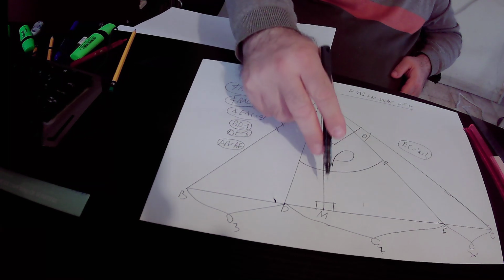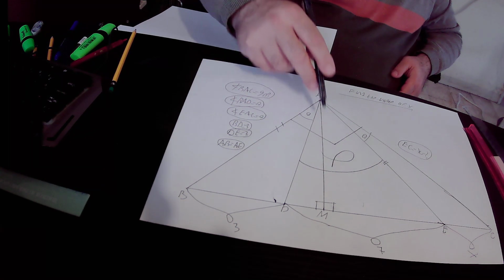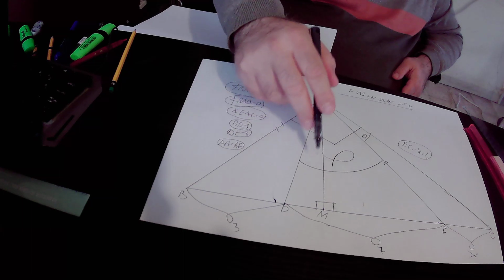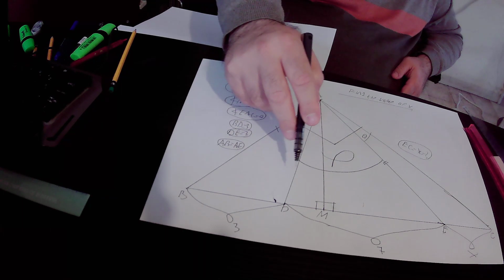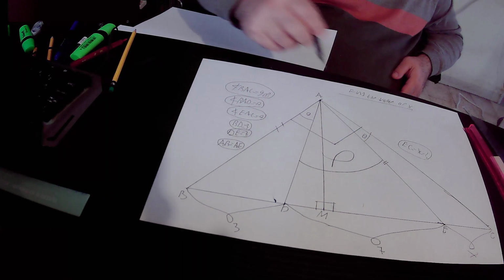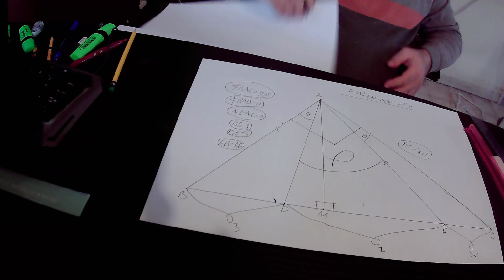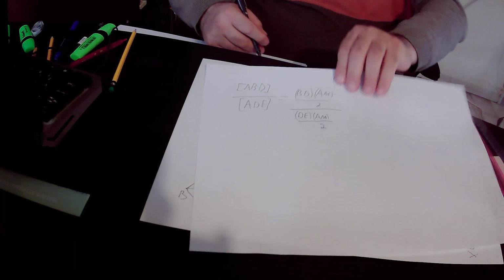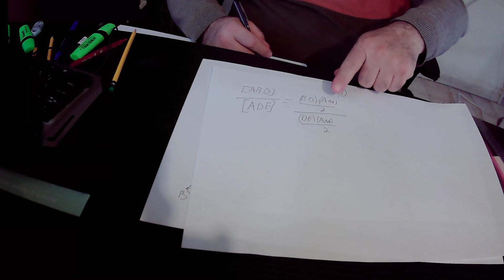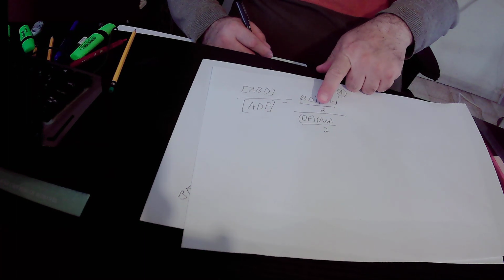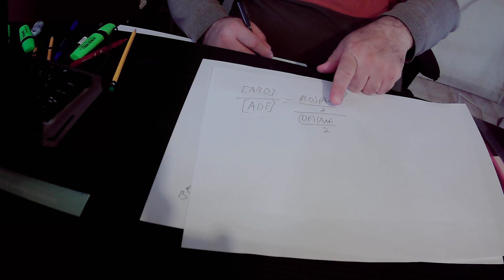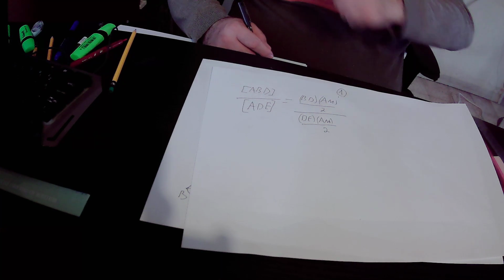AM is the height to the base DE because it creates 90 degrees with the base DE. So the height is AM, over 2. We'll repeat again. The area of triangle ADE equals the base DE times the height AM over 2.